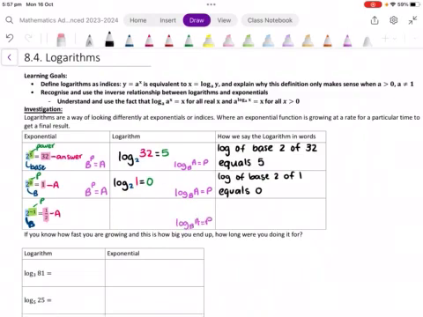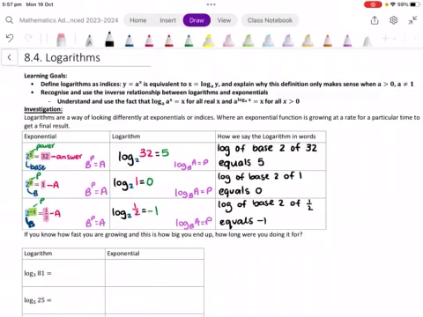So we'll have log of our base, still 2, our answer, a half, equals our power of -1. We can say this as log of base 2 of a half equals -1.